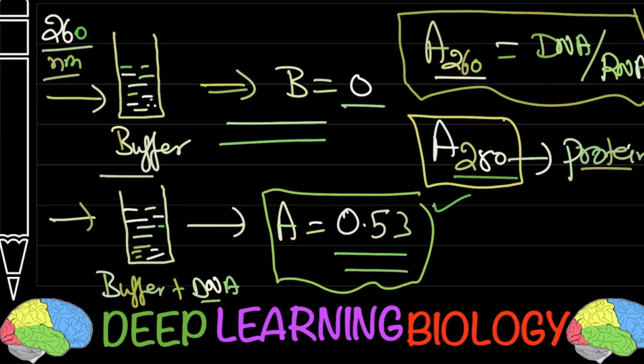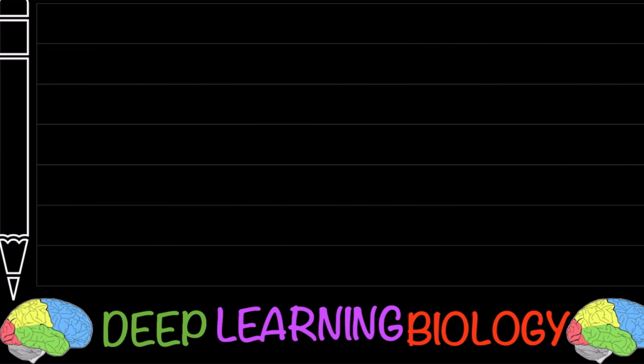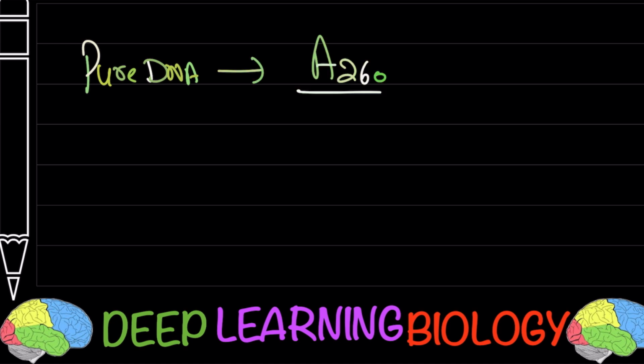Now keep in mind, if your sample of DNA is pure, we calculate the ratio A260 by A280. If this ratio comes out 1.8, then you can say the DNA is pure enough.